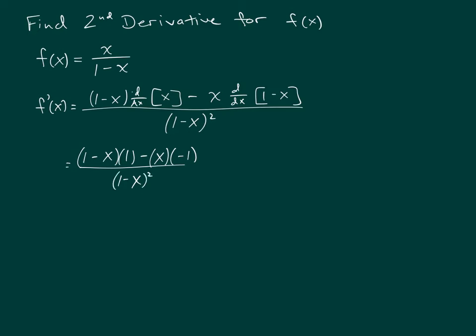And let's see, if we do the distribution here and multiply these things together, I'll have 1 in the numerator from this multiplication. I'll have a negative x in the numerator and a positive x. So cool, I'm just going to be left with 1 over 1 minus x squared.